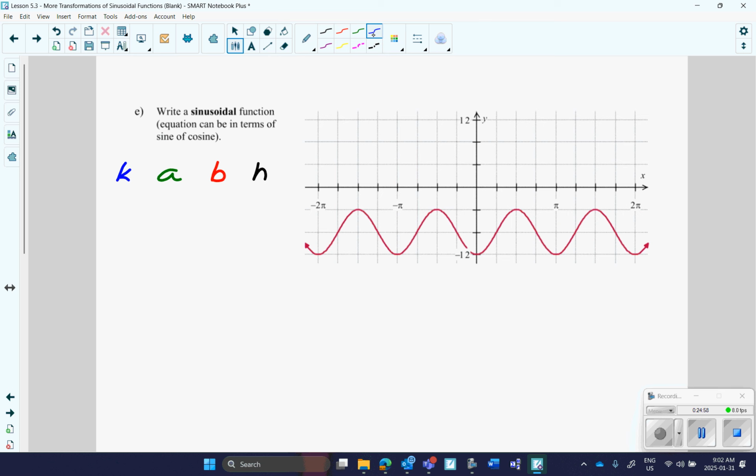I want you to notice the scale on the vertical axis here. It's not going up and down by ones because you can see the third one down is -12 and the third one up is positive 12, which means it's going up and down by 4s.